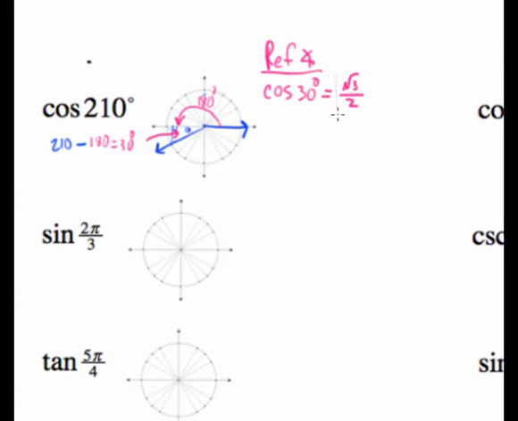But then after we use the reference triangle, we have to say, well, we really want to know the cosine of 210 degrees, not the reference angle. So we have to consider that the 210 degree angle is in the third quadrant. So we're down here in quadrant number 3. And that's why we memorized the signs of the sines and cosines.